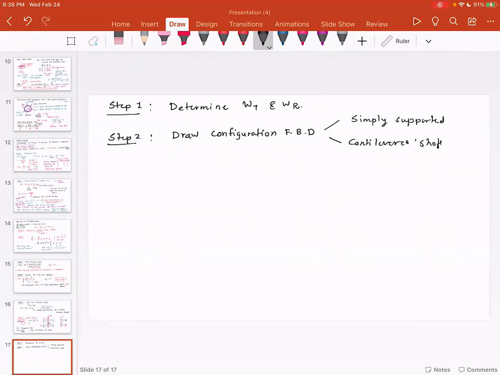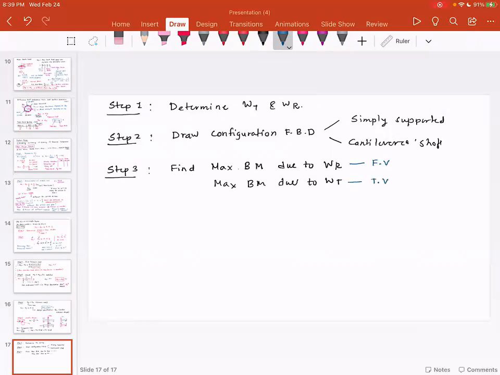Then step 3 is to find the maximum bending moment due to WR and find the maximum bending moment due to WT. In our configuration, WR is in the front view and WT is in the top view.